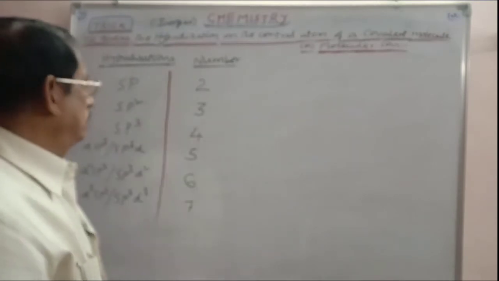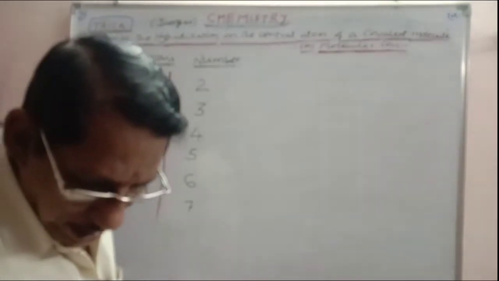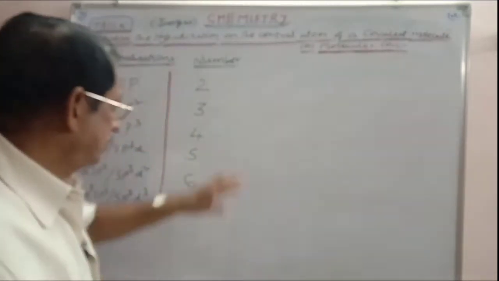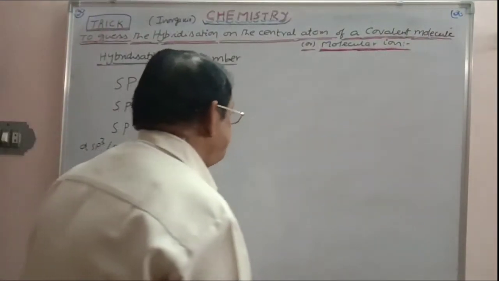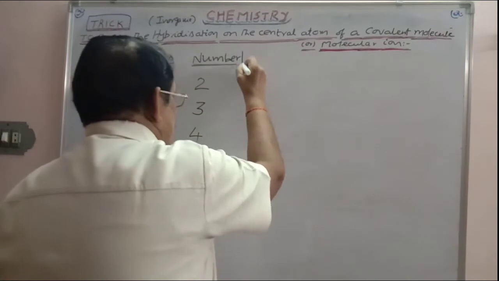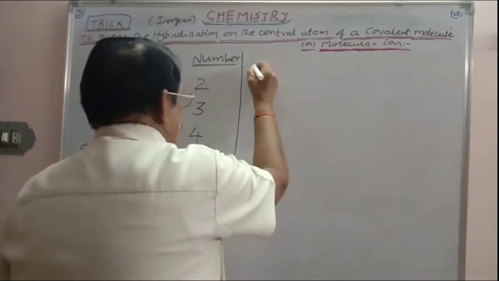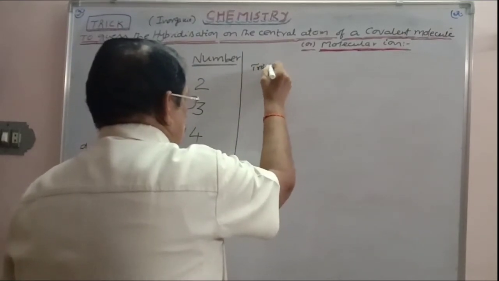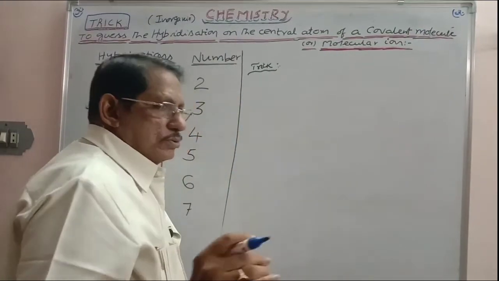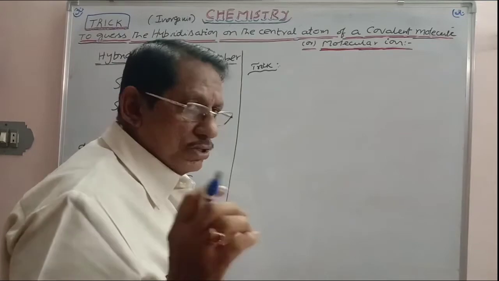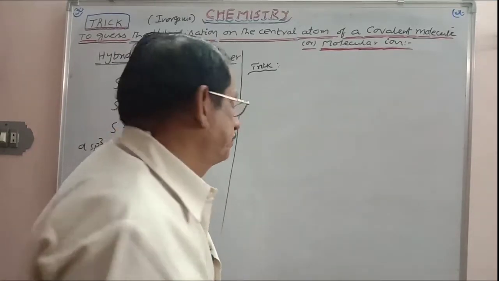Based on this number, now we will adopt the trick. What is the trick you are adopting here? Rules we will consider now. We have to always take only covalent molecules.